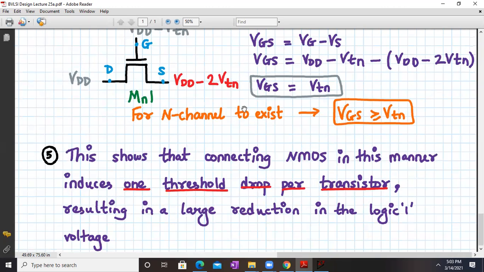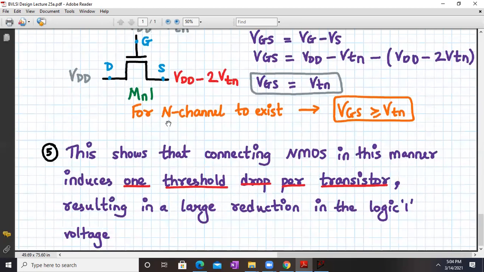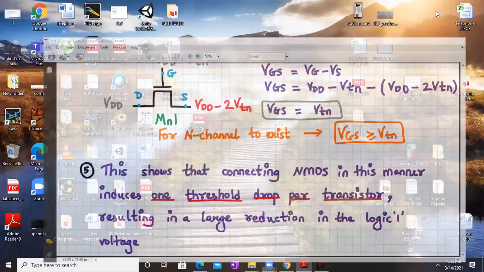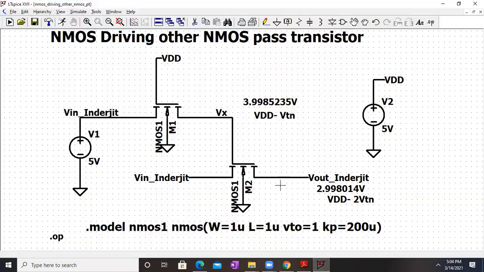This shows that connecting N-pass transistors in this manner induces a 1 volt drop per transistor, resulting in a large reduction in the logic 1 voltage. That means if I have more such transistors driving, I will have a large logic 1 degradation. That is why this kind of configuration should be completely avoided.